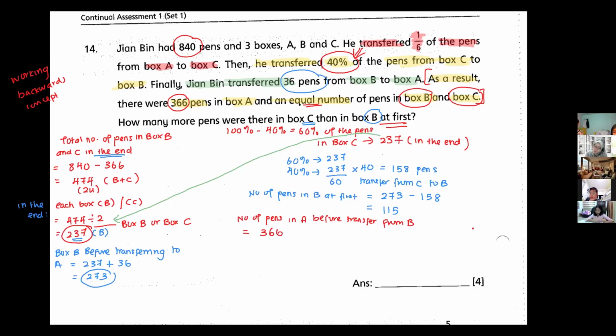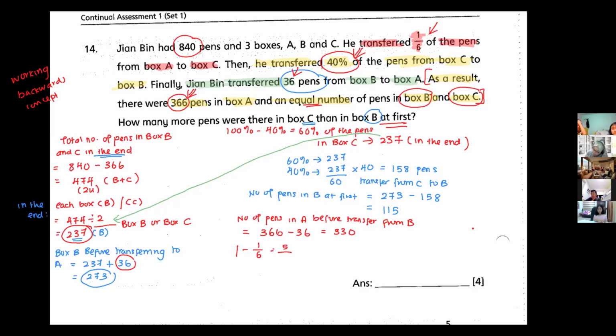366. Where do we get my 366? There. Take away your 36. Where do I get the 36? There. Can you see? Equals 330. Now this 330, you say he transferred 1/6 of the pens, so you take 1 whole minus 1/6.